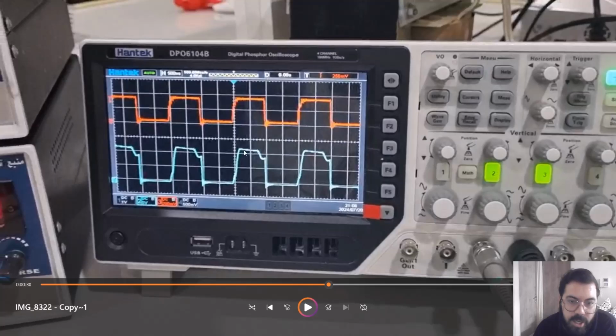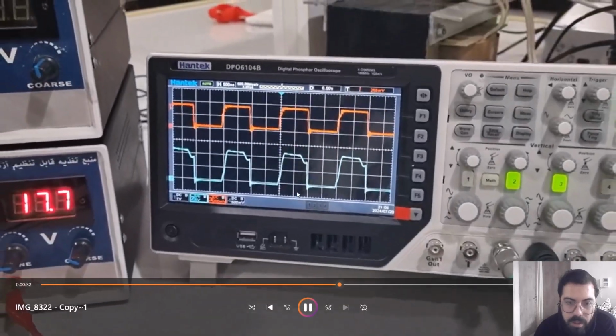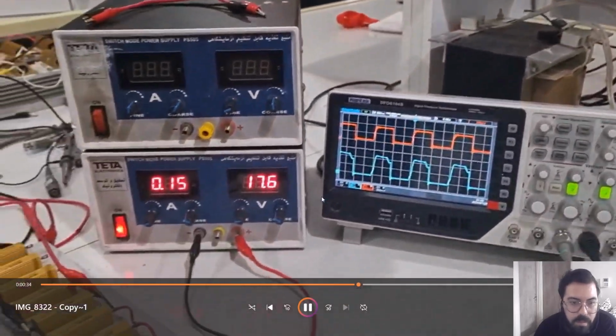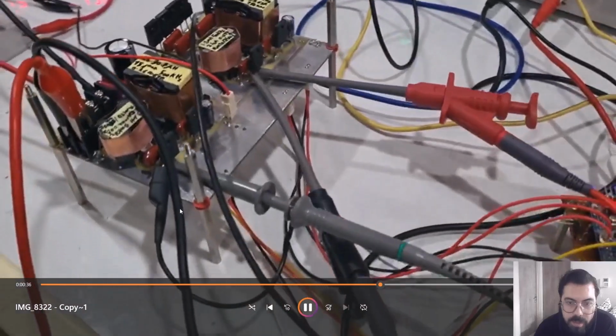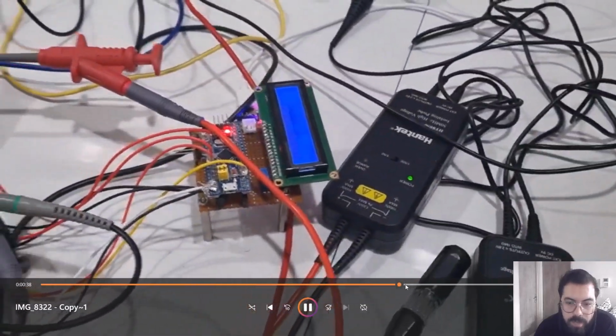Because of that, I decided to show one drain source voltage and one gate source voltage. You can see the drain source voltage is clean. This is the experimental setup. Wait a minute.